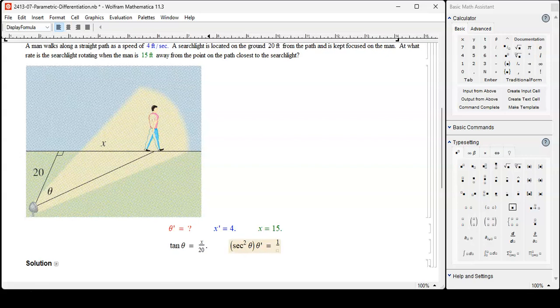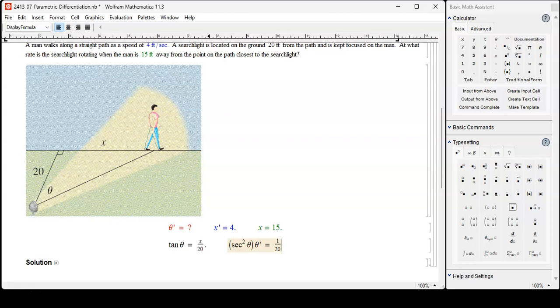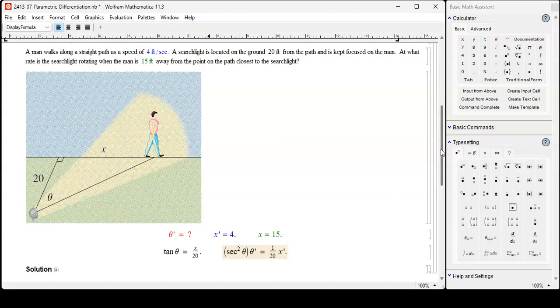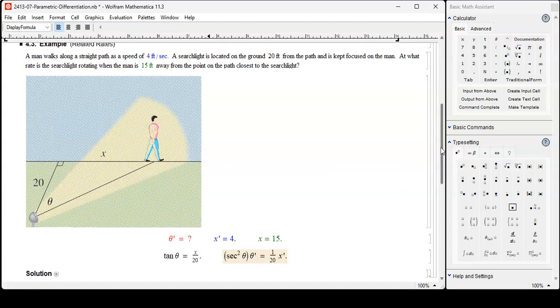Take the derivative, 1/20th, and then don't forget x prime. Remember, whenever you take the derivative, prime pops up. This is related rates. Everything here is dependent. The independent variable or the parameter is t, the time. So this one here, theta prime, is the quantity I'm looking for, and the x prime is 4.